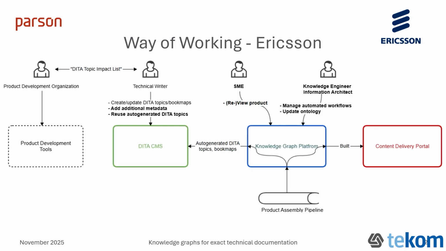Yeah, and this is depicting the work process at Ericsson, and it is different from the Endress+Hauser solution. In that world, the way of working for a technical writer hasn't changed much. The tech writer basically uses the CMS, and the existing content creation process, where you agree with the development organization which topics you create, hasn't changed much.